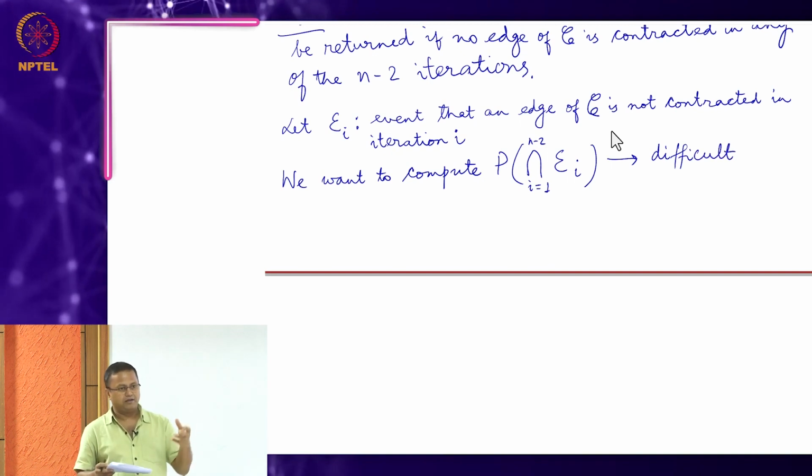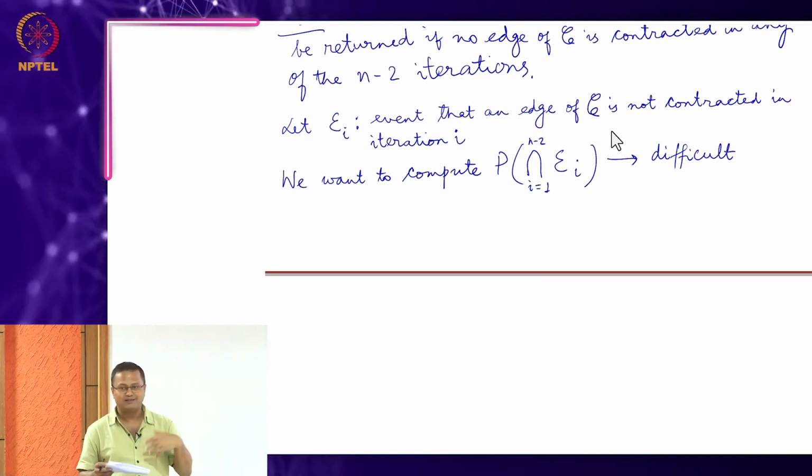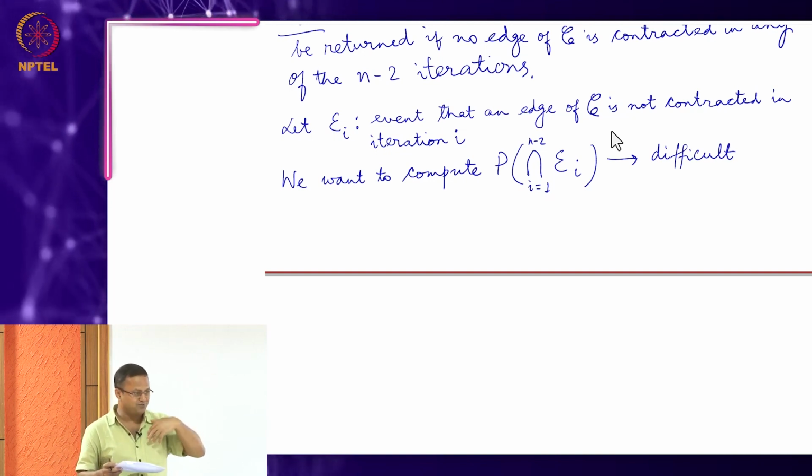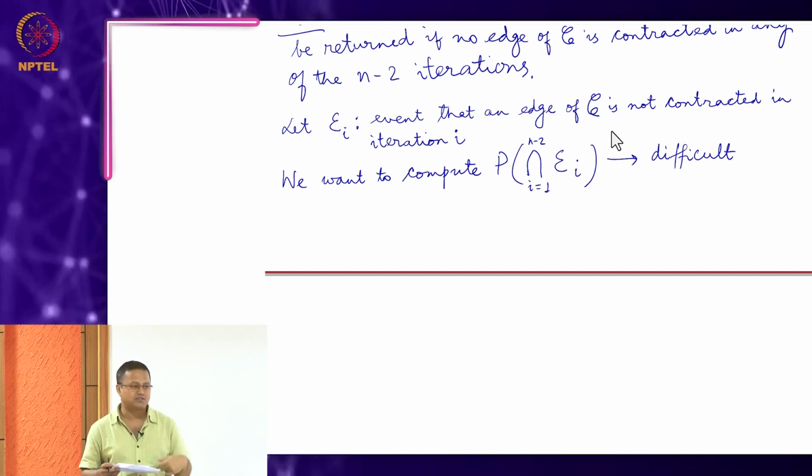Computing a 3-way intersection is difficult. So computing an n minus 2-way intersection would be more difficult, and that is why people take recourse to this chain rule.